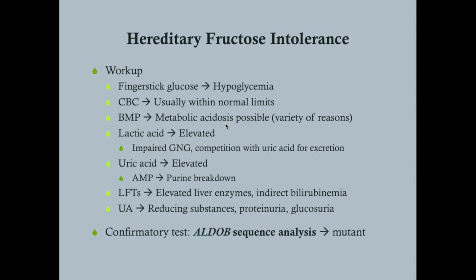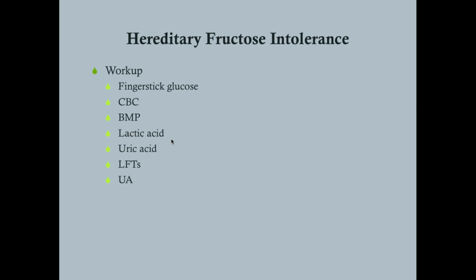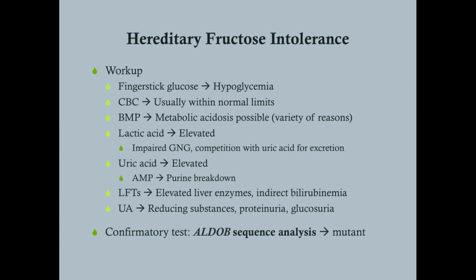Another reason that you can get metabolic acidosis from this is that you get a lactic acidosis. I don't have it here, but if you look back to that glycolysis pathway, you have an enzymatic block, and so you can get a lactic acidosis because of that block. There's impaired gluconeogenesis here, and so that's going to impair your ability to detoxify lactate in the liver.